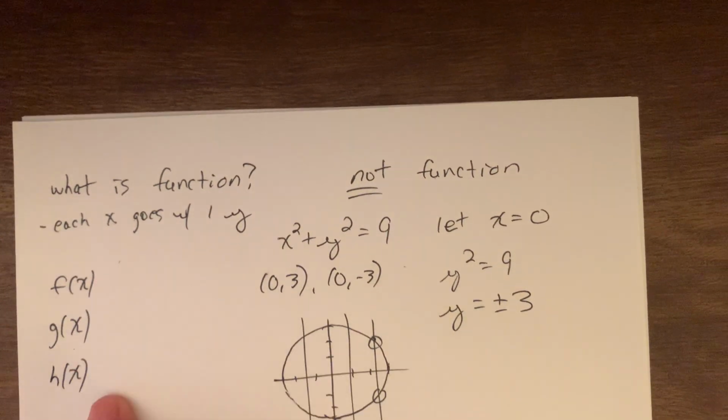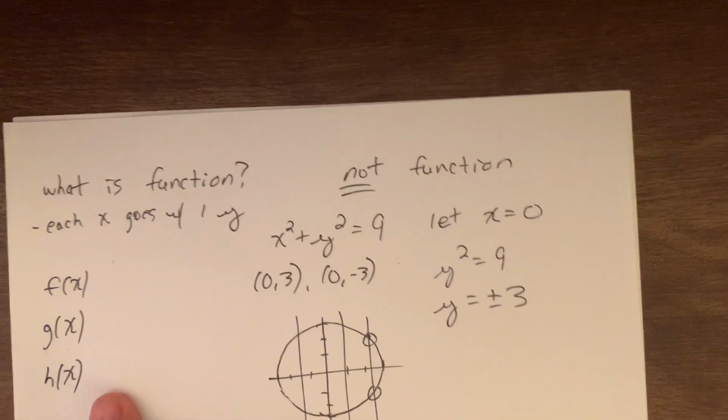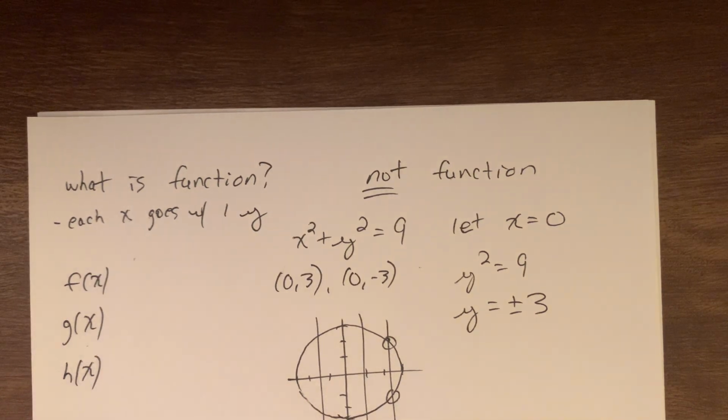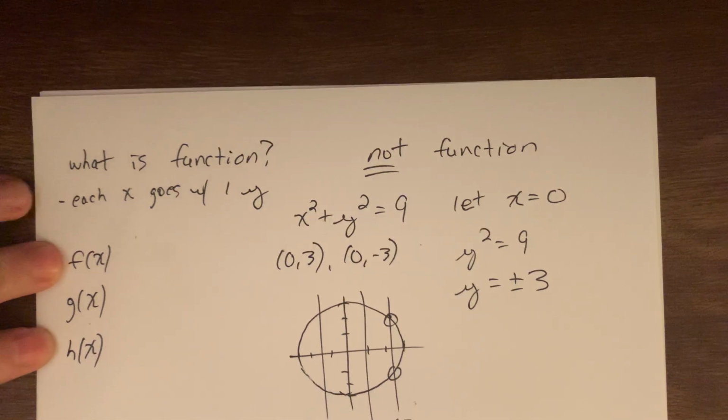Once you start seeing that type of notation, you don't have to worry, is it a function? Does it pass the vertical line test? That's already a guarantee. There's no gotcha moments in this class. There's no trickery coming up. You see the notation, you know that you're dealing with a function. So that's just some generic notation.